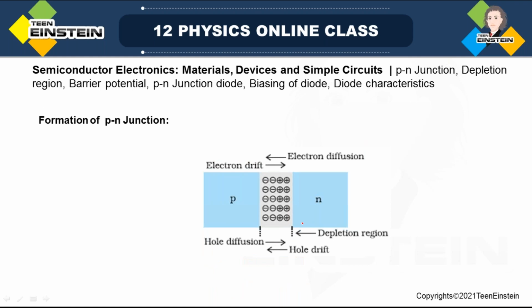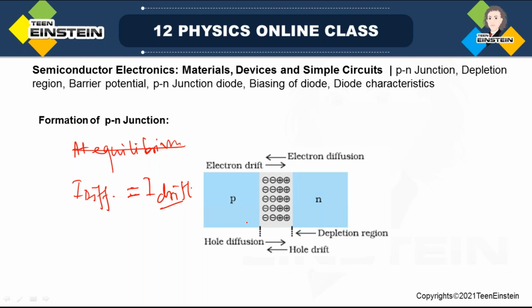There will be a space charge region created. Then there will be diffusion current and drift current, and at equilibrium, I diffusion is equal to I drift. So these two currents will be equal to each other, and then there will be no charges available to flow from one side to another.